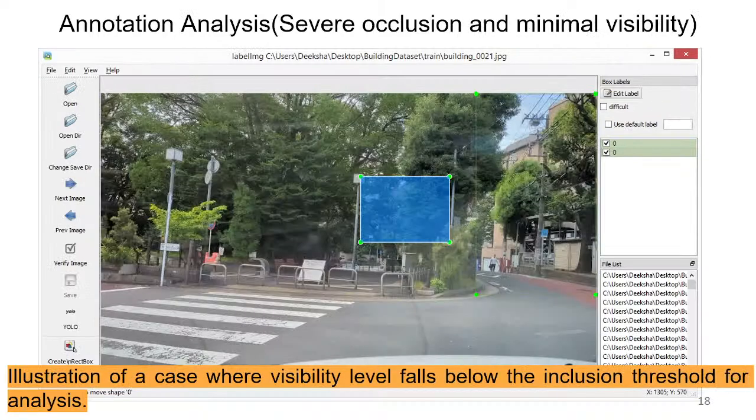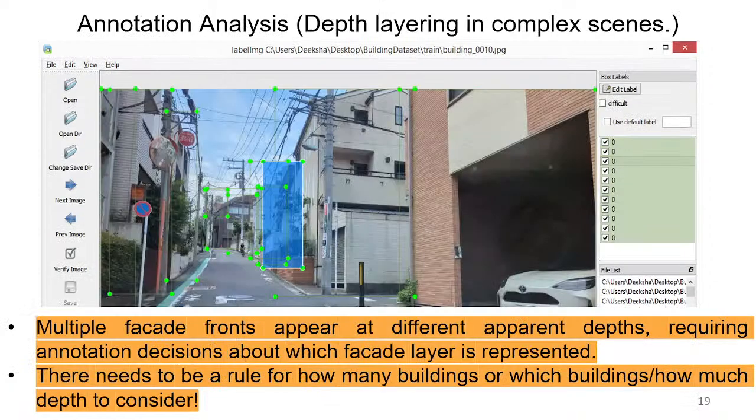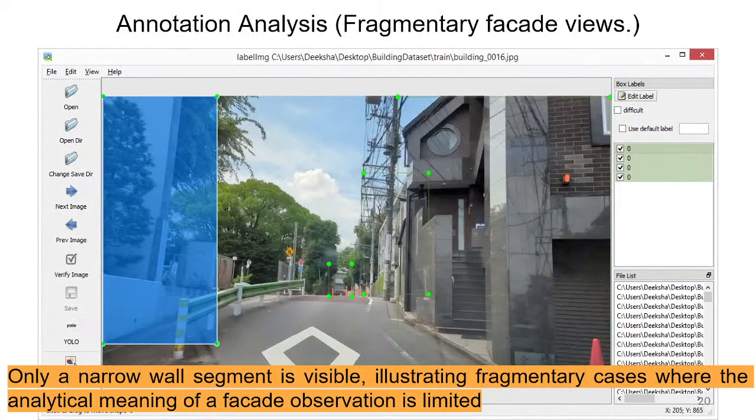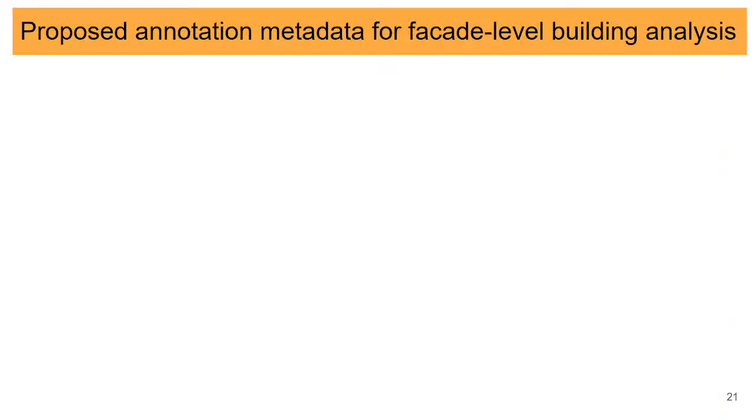There may be cases when the building visibility is very low. That means we need some kind of threshold, like how much visibility is required to include a building facade in our database. Then there may be multiple building facades at different apparent depths, so we need to fix up to how much depth we want to cover the facades in our database. Similarly, there may be other cases where the buildings are only partially visible.